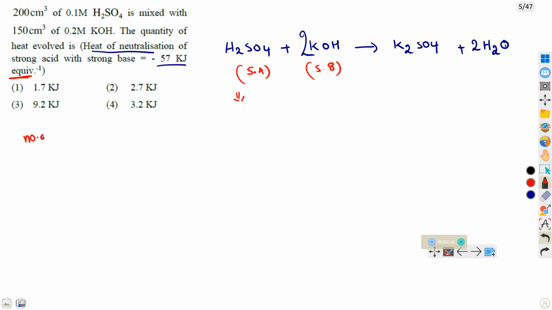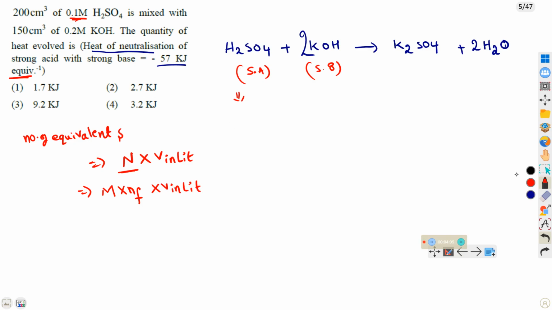Number of equivalents is equal to normality into volume in liters, or since concentration is given in terms of molarity, molarity into n factor, which takes the place of normality, into volume in liters.